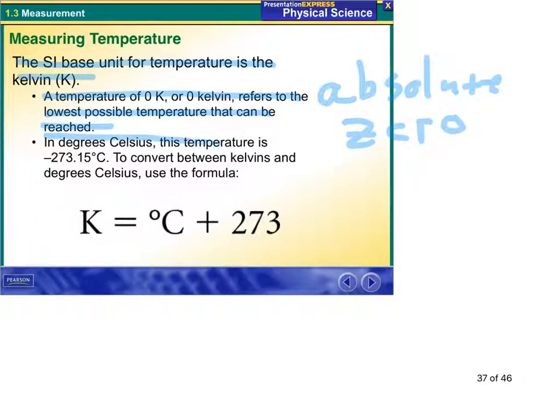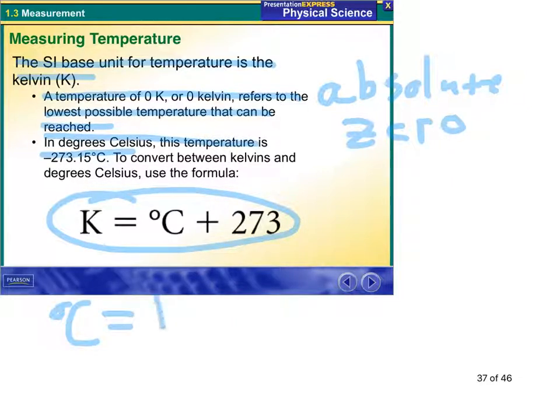This corresponds to about negative 273.15 degrees Celsius. And that's what we use to convert between Celsius and Kelvin. K equals degrees Celsius plus 273, or degrees Celsius equals K minus 273.